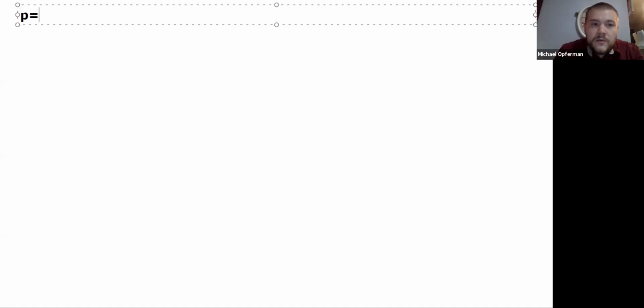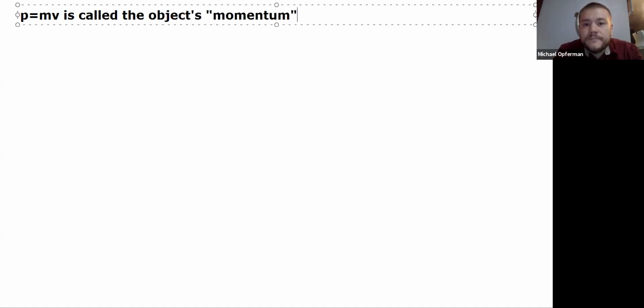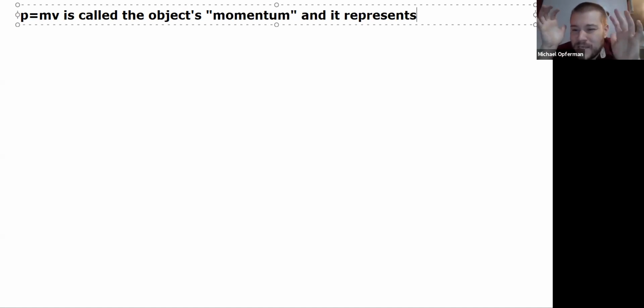P, which is mv, is called the object's momentum. It's a little bit of an abstract quantity in some ways, so it's a little bit hard to explain in words. The mathematical definition is really simple.